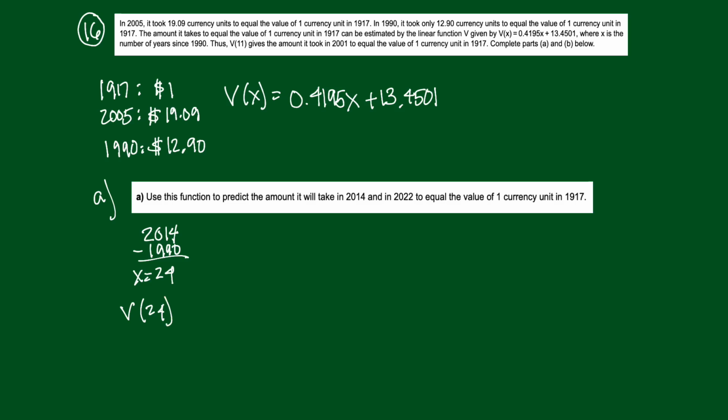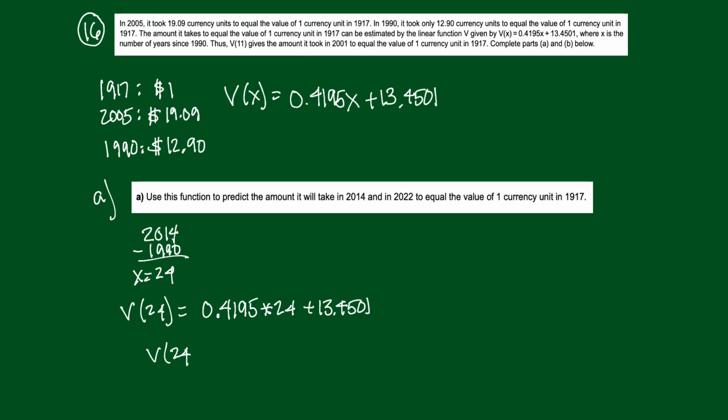So you can put that into your calculator. You don't need the 0. Just put in 0.4195 times 24 plus 13.4501. I compute that like this.